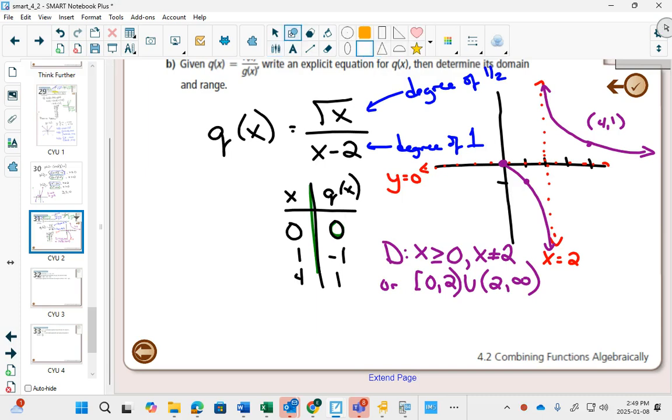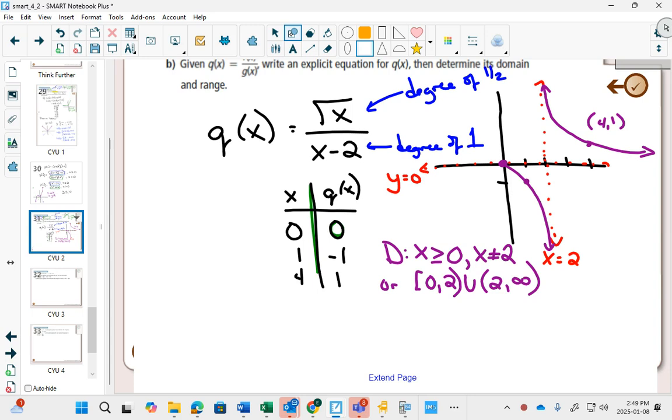The range is a little messed up because it's everything, even though it's not connected. It's kind of weird. Because on the left side, do you see that the y values would be less than or equal to 0?